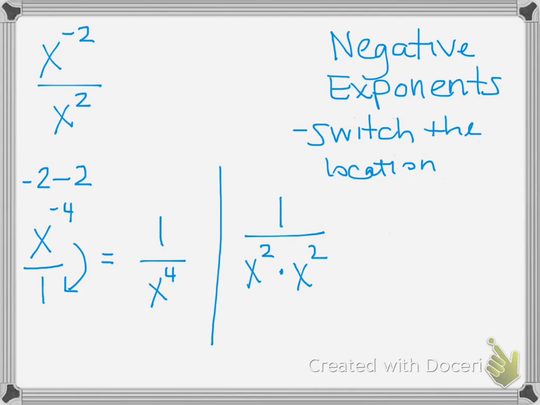We have x squared times x squared, which means we use the product rule here to combine the like terms. So we're going to add our exponents and end up with 1 over x to the 4th.